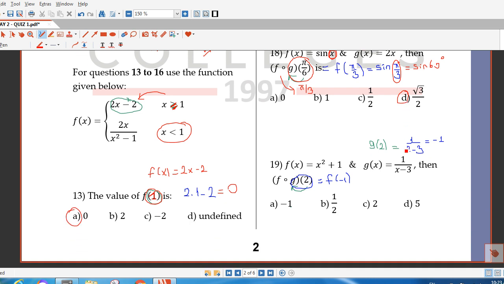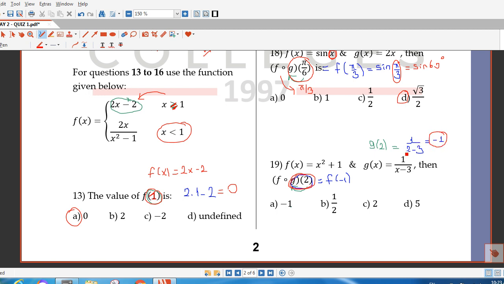Question 19, the two functions are given again, f and g, and we are going to find the value of a composition function, f of g of 2. Always the starting point is here. I have to calculate g of 2. In the g function, instead of x, replace 2. So 1 over 2 minus 3, 1 over minus 1 becomes minus 1.